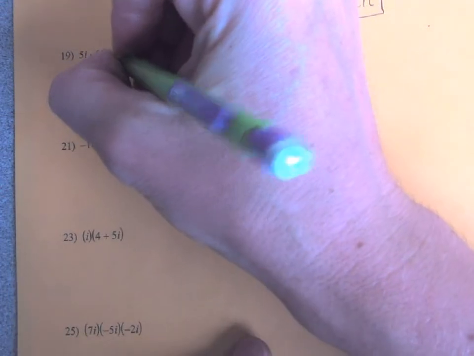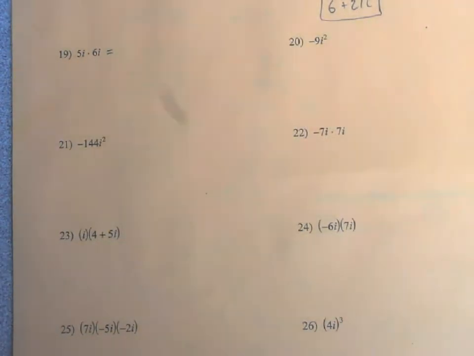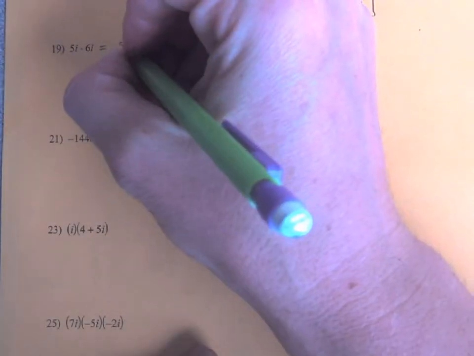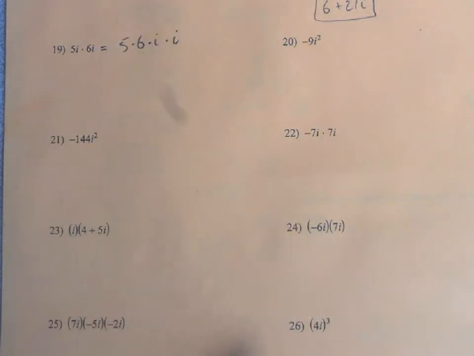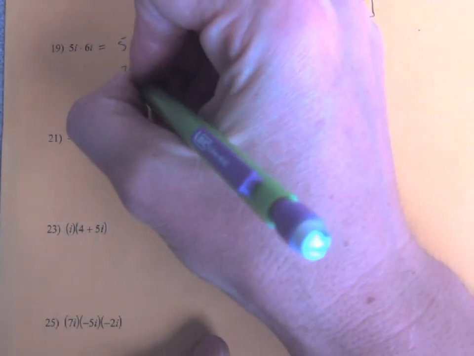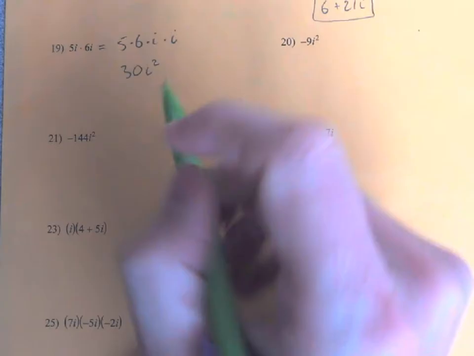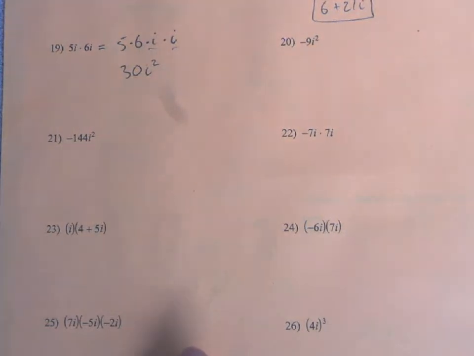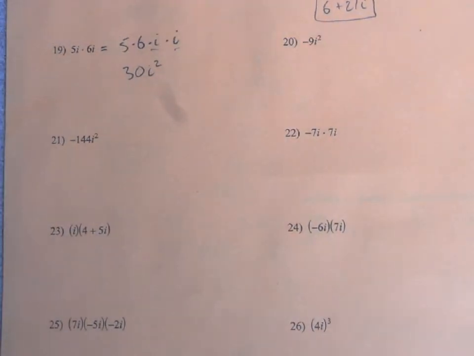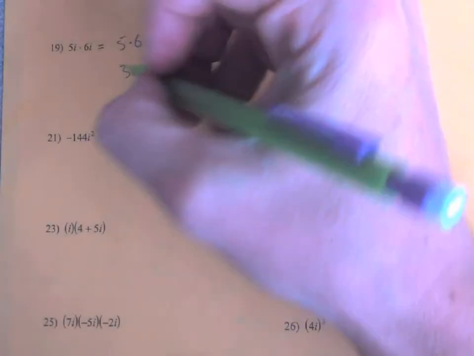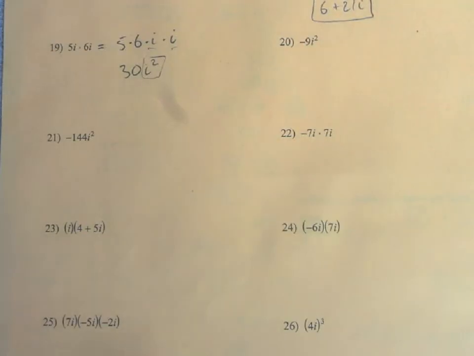Okay, now if this was just variables, 5x times 6x, we would use the commutative property. We'd write 5 times 6 times x, but of course they're not x's, they're i's, but that's okay. We just treat it the same way. And this is 30i squared, using the product property, right? i times i is i squared. 1 plus 1 is 2. Okay, so we're pretty much done, but we know that i squared is actually equal to negative 1.